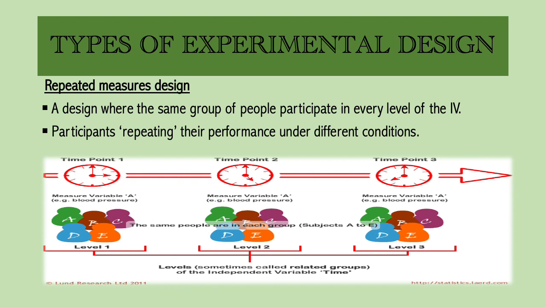So they do the experiment at 3 o'clock, then at 5 o'clock they do it again, and at 8 o'clock they repeat the same experiment again. That's why it is called repeated measures design. Just focus on the word repeated. You use the same group of people for every level of the IV, and they repeat the performance under different conditions of the IV.